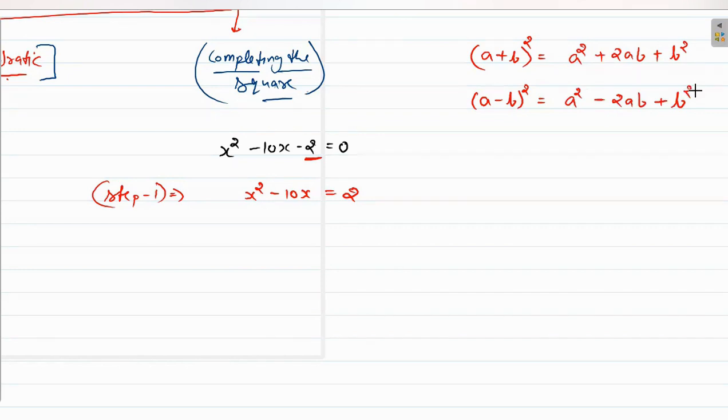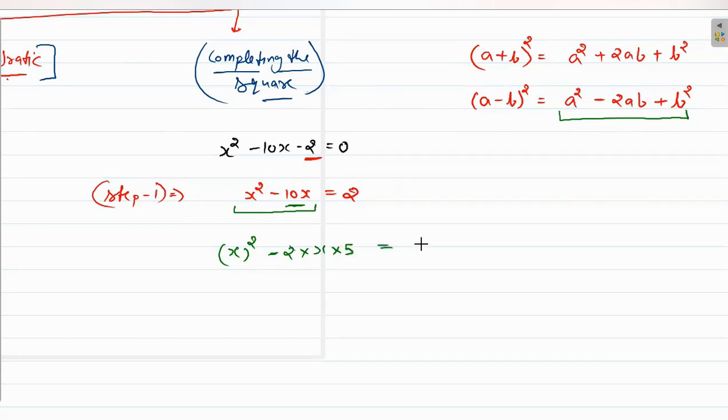Okay, now we will be focusing only on the left hand part. If you compare the left hand part, which identity does it look like? The second one, it is matching. So I can say it is a perfect square of x. Then you can break it up into 2ab. If you take 2 out, what is left for us is negative 2 times x times 5.